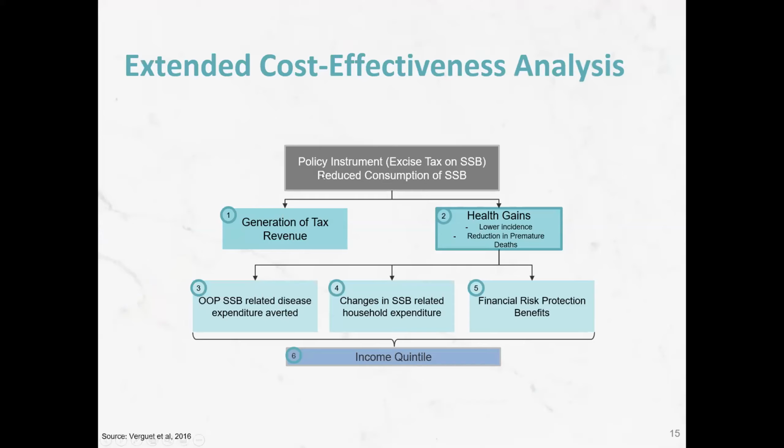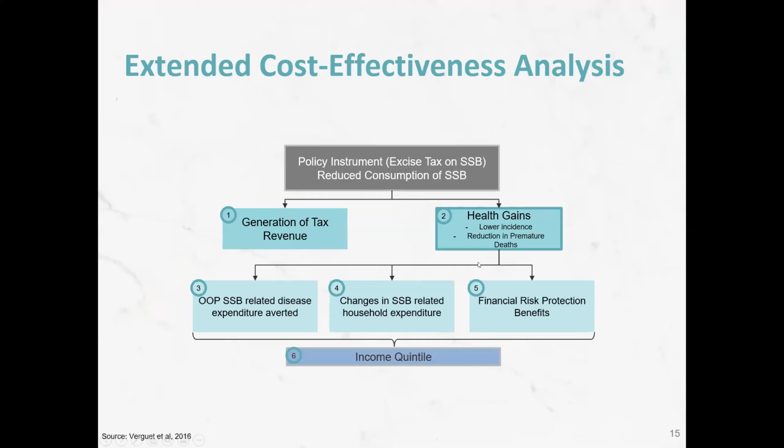Based on Stefan Verguet's cost-effectiveness analysis model, we have a policy instrument like an excise tax on SSBs that is expected to reduce the consumption of SSBs. It has two effects. First is the generation of tax revenue, because people are still consuming SSBs, so it gives tax and it provides a bit of fiscal space for the government. And it also has health gains, whereby there's a lower incidence of diseases and a reduction in premature deaths.